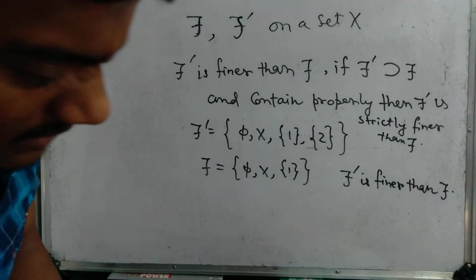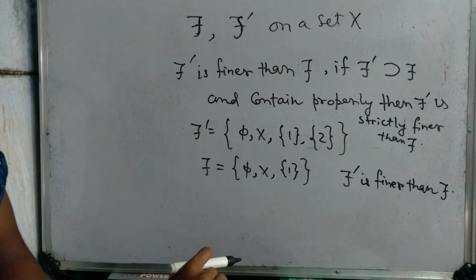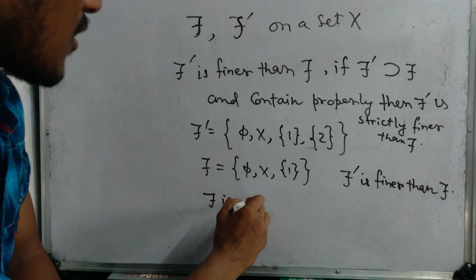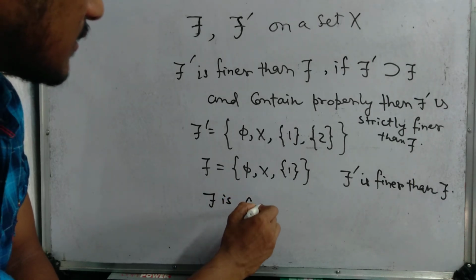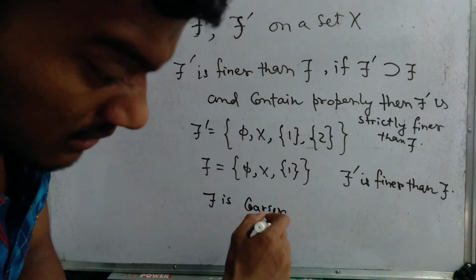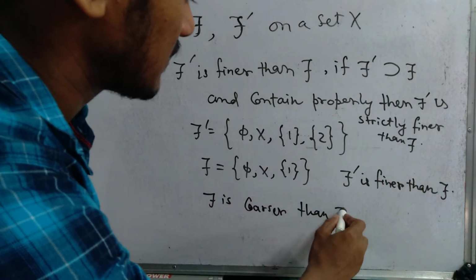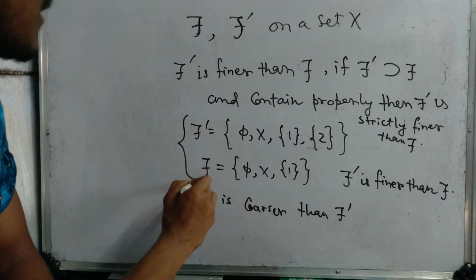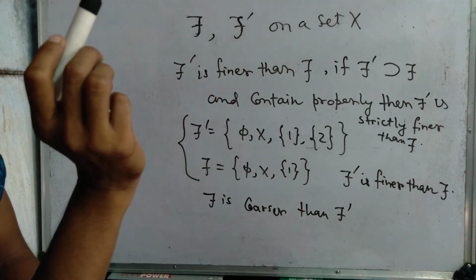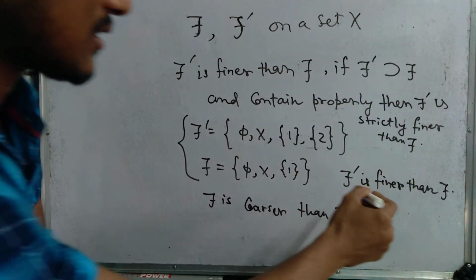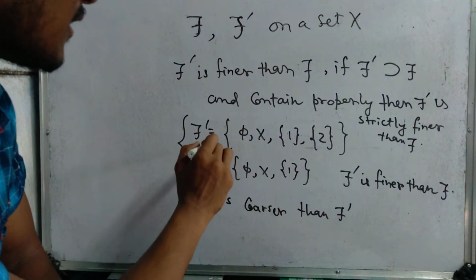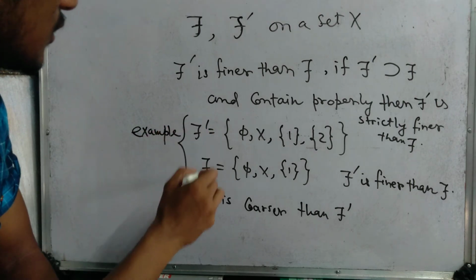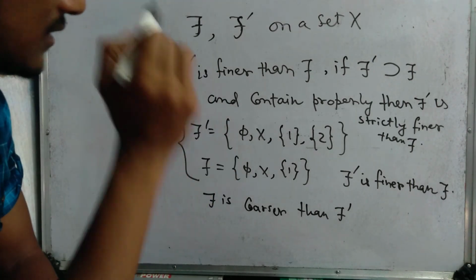In the same way, tau is coarser than tau dash, and from this example tau is strictly coarser than tau dash.